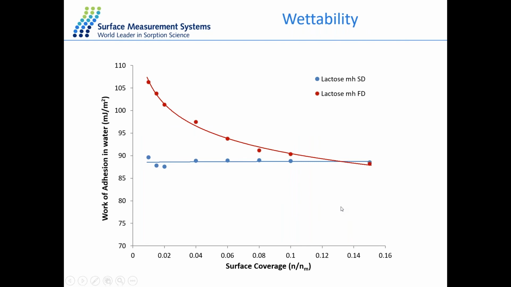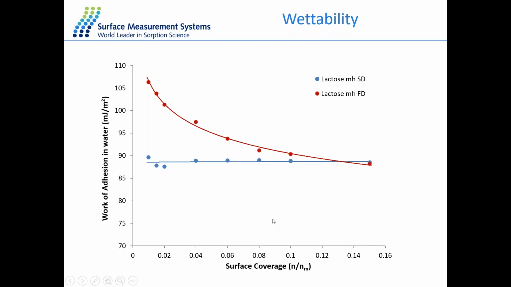What we've also done is a study based on the work of adhesion with water. This is to understand the wettability of the surface of the sample. In this case, we have the surface coverage here, so we've injected probe molecules at different concentrations onto the surface of the sample, and the work of adhesion with water here.